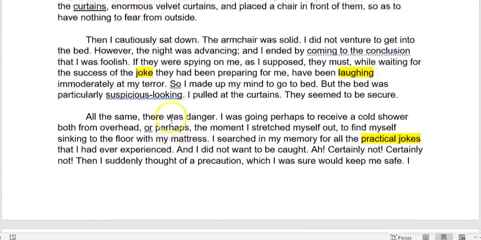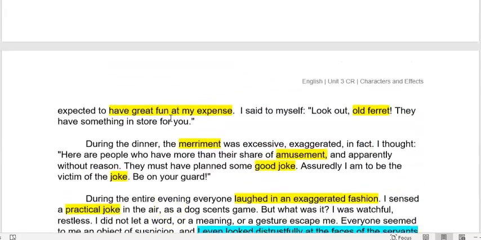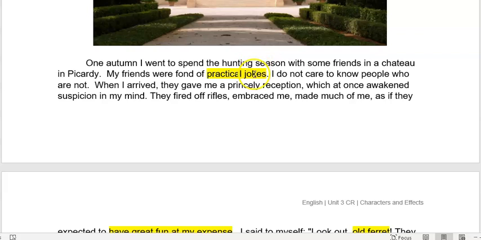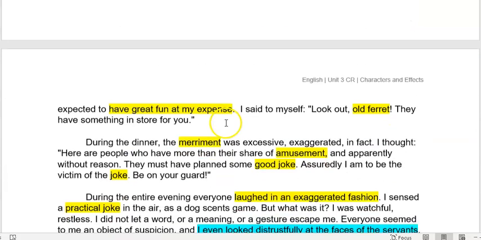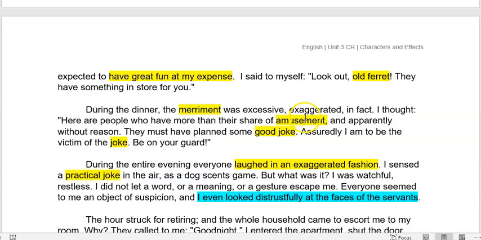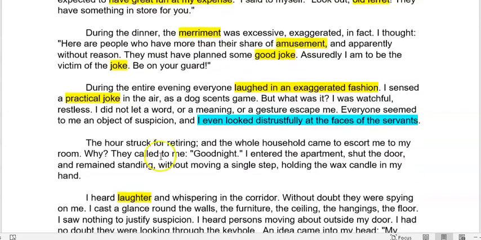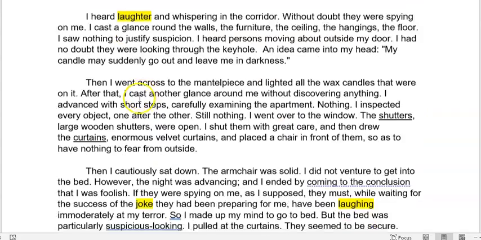So there you go. There are the words and phrases highlighted there.